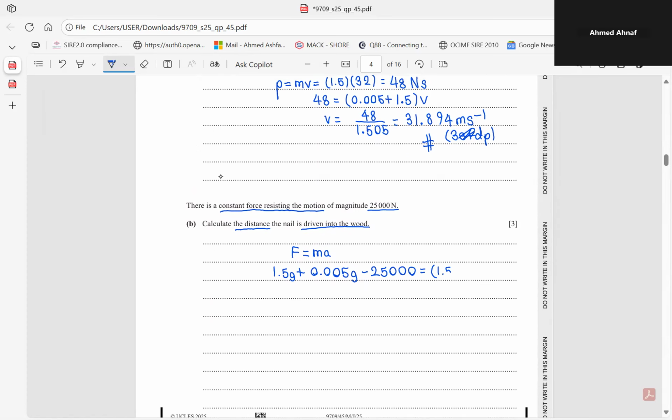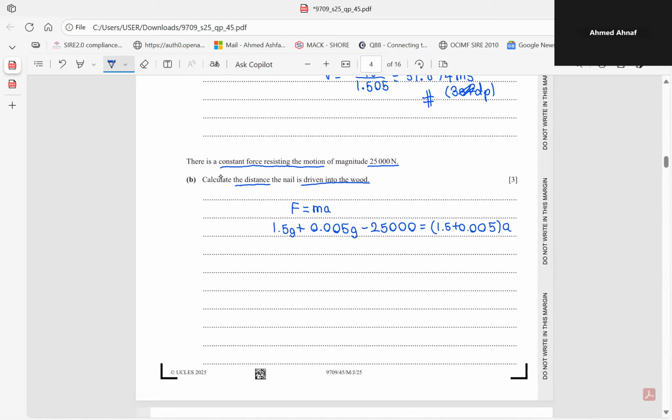So m is basically the nail and the hammerhead, so 1.5 plus 0.005, times a. Hence a would just be 1.5 times 10 plus 0.005 times 10 minus 25,000 newtons, which is minus 24,984.95, divided by 1.5 plus 0.005, which is 1.505.